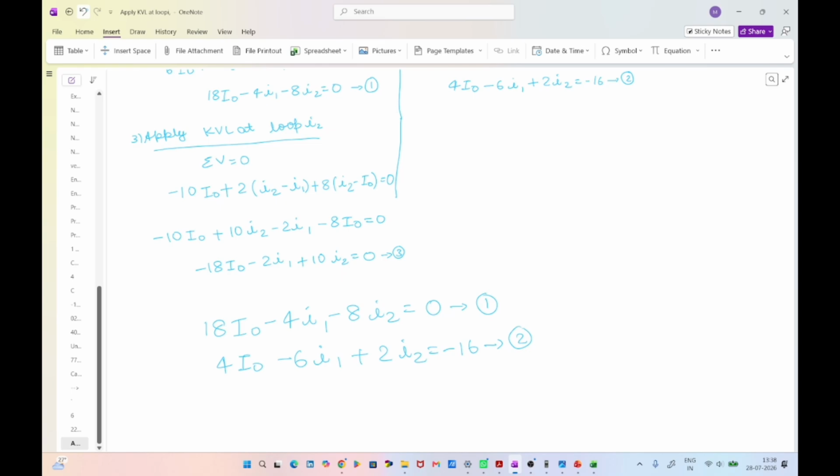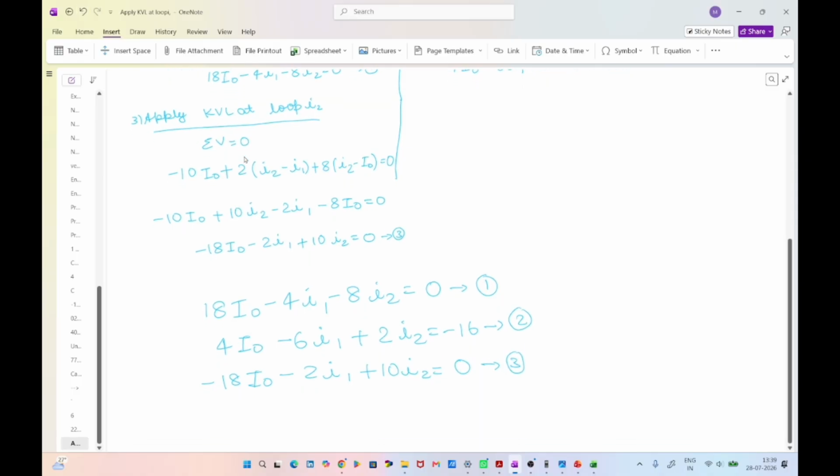And then the third equation is minus 18 I naught minus 2 I1 plus 10 I2 is equal to 0. This one is equation 3. Let us solve these equations.